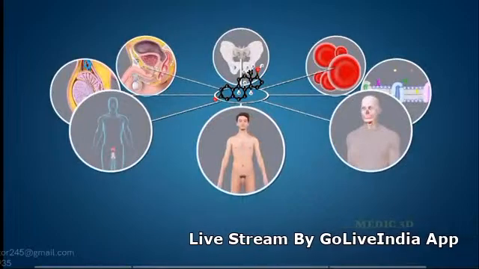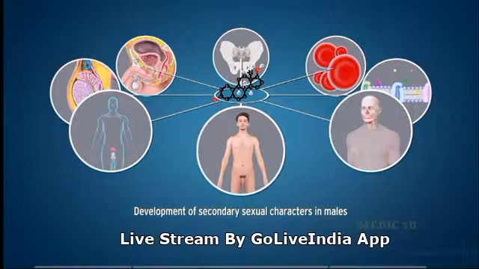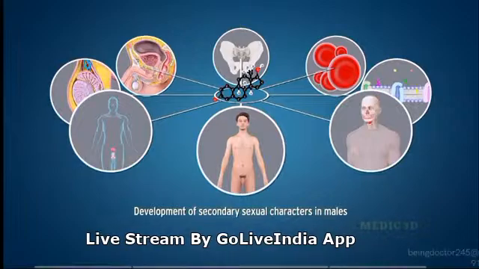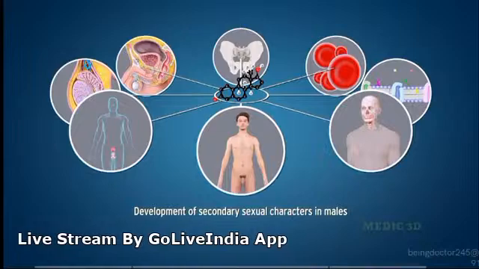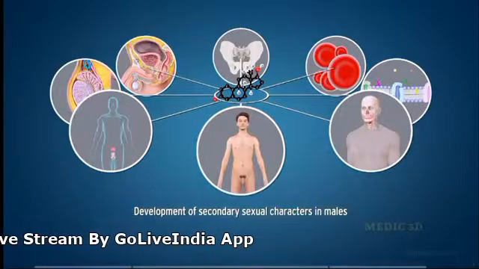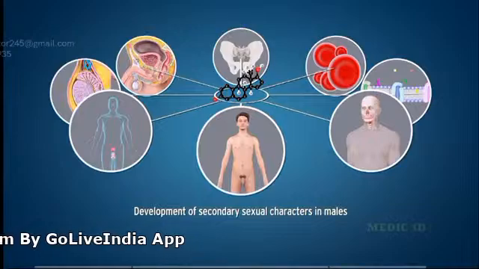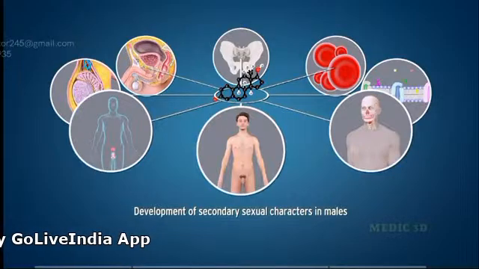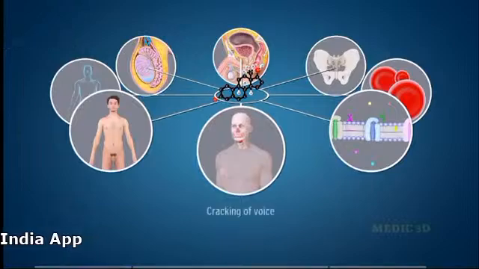Testosterone is very much necessary in development of secondary sexual characters in males, like effect on muscular growth, growth of bones, development of hairs in pubic, chest, limbs, back, face, and other parts of the body is under the influence of testosterone. Testosterone influences cracking of voice due to enlargement of larynx.